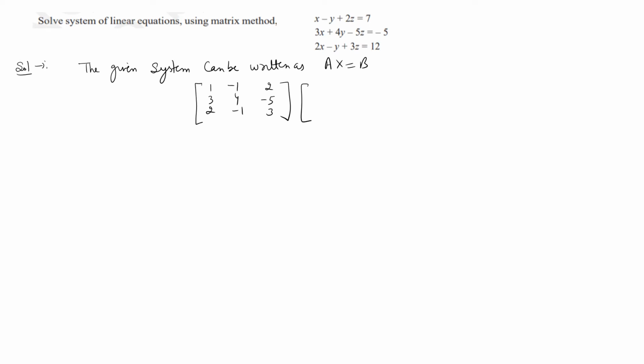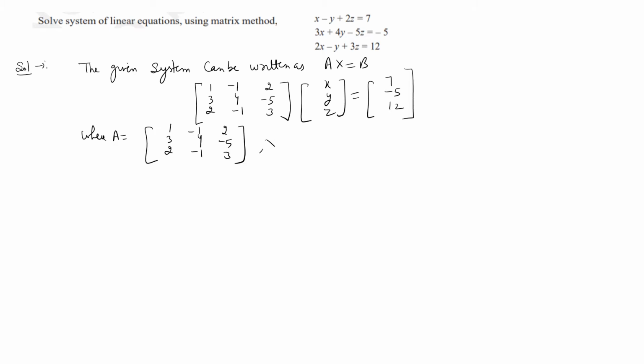Into x, the three variables are x, y, z equal to B, the constant, right? So where my A is your coefficient matrix and x is the variable matrix and B is the constant matrix, right?